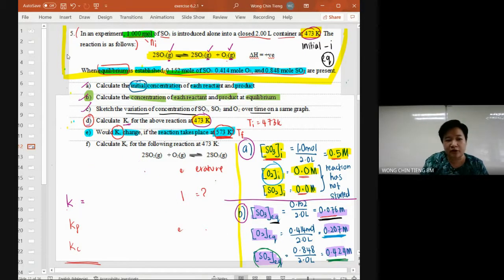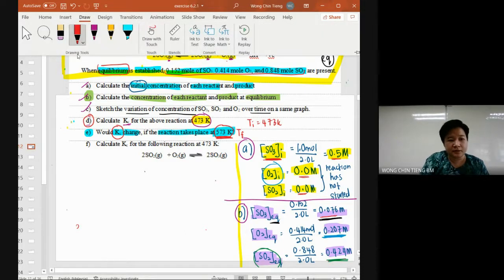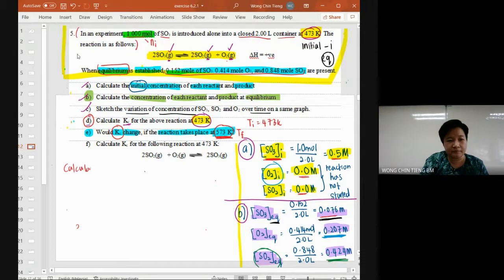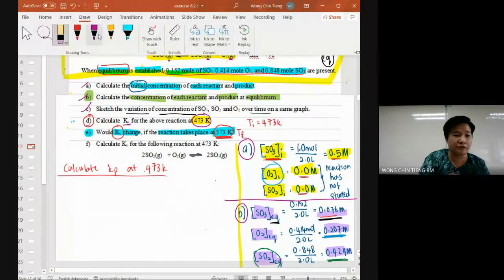Calculate KP, please, at 473 Kelvin, the same temperature as when you calculated KC. Very quickly, please.